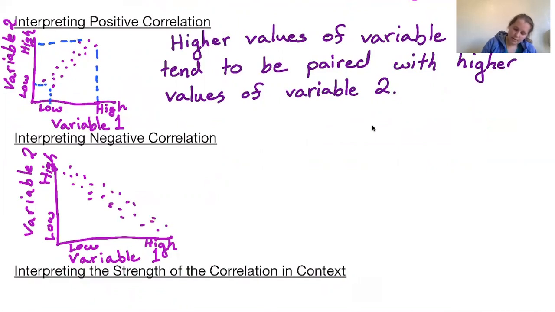So if we do the same thing as we did last time, this time around high values of variable 1 are matched with low values of variable 2. And reversing that, low values of variable 1 are matched with high values of variable 2. So for a negative correlation, the variables go opposite of each other.